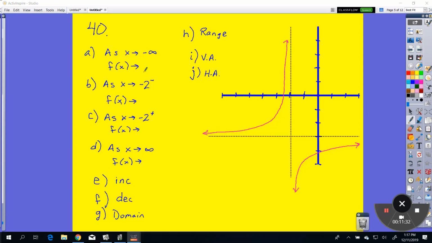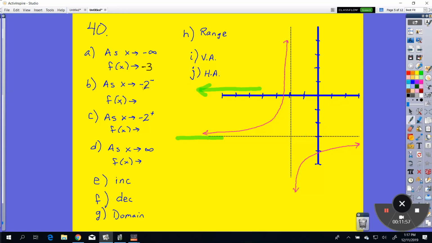Okay, question number 40 asks you to answer all of these questions. It says as x approaches negative infinity. In other words, what happens as x goes this way forever? Well, as x goes this way forever, my y value gets extremely close to this line, which is negative 3. So my y value approaches negative 3.